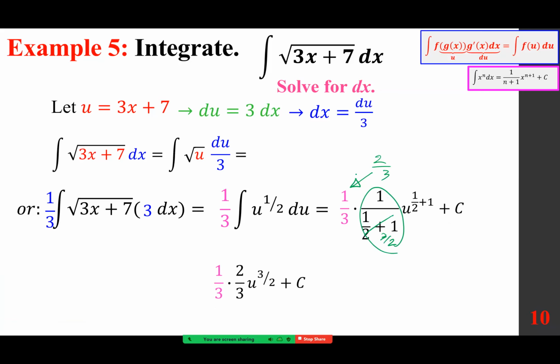And we're going to replace the u with 3x plus 7. We are done. So both ways, solve for dx or just plug in the missing number. Simple enough, really doesn't make that much of a difference in this case, but in some cases it does.